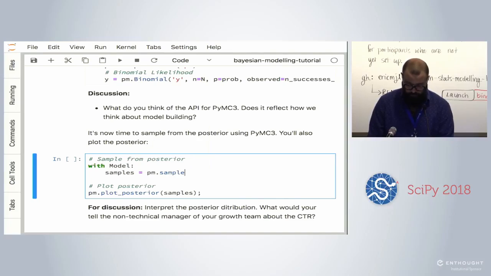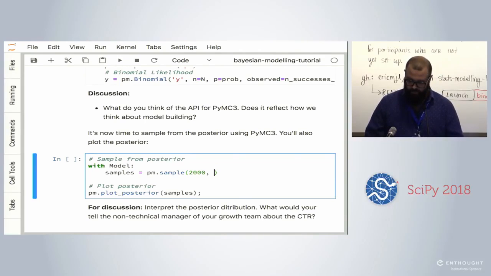Now remember, I need to specify how many samples to take, and I'm going to specify 2,000, and I'll make a small note that what Markov chain Monte Carlo needs to do is have some sort of burn-in period. So it'll start sampling to get a feel for what the space looks like, and we want to throw away those points at the end.